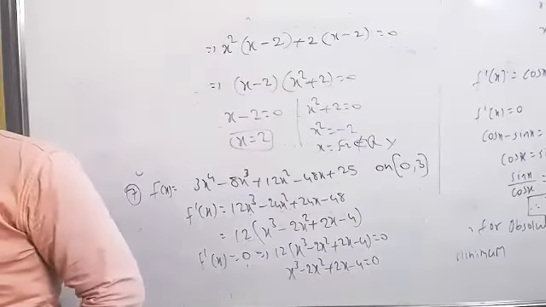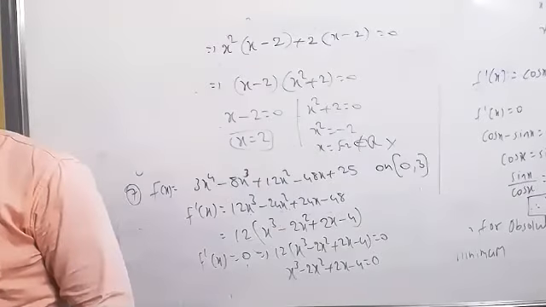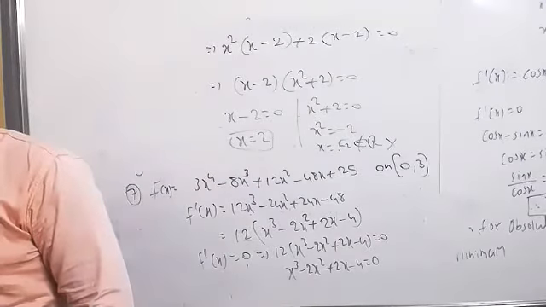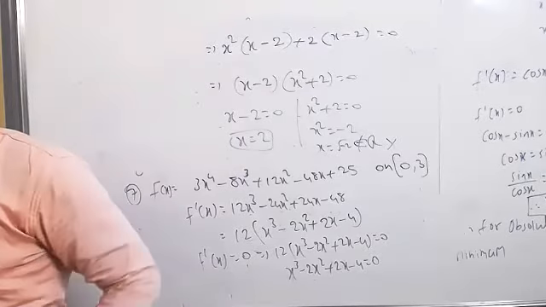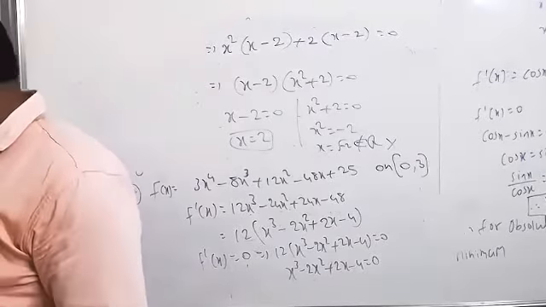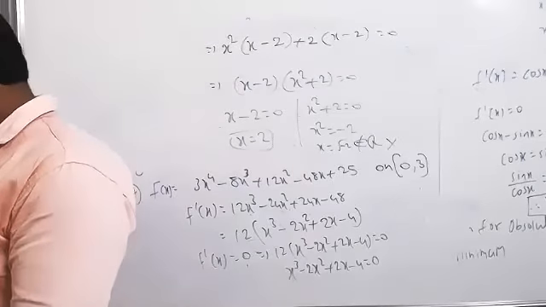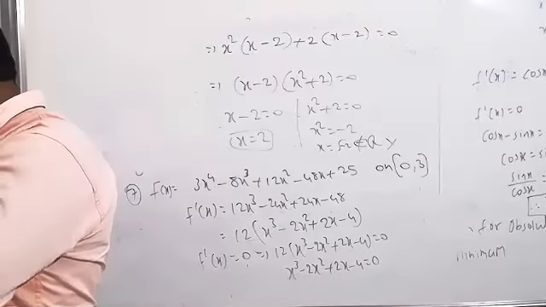F of 0 equal to how much? Is 25 the absolute maximum? Absolute maximum is 25 at x equal to 0. Then absolute minimum is minus 39, very good, at x equal to 2. Yes, correct.